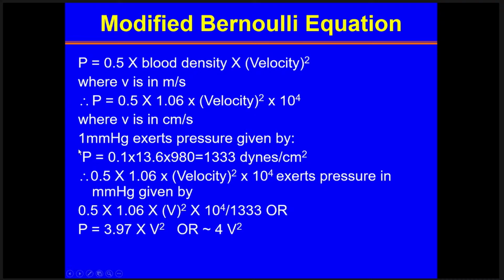And then we are interested in expressing the relation in terms of millimeters of mercury against velocity. And when you remember that the pressure exerted by 1 millimeter of mercury depends on its density and 980, and you rearrange this to obtain it in terms of millimeters of mercury, you see that the pressure gradient is equal to 3.97 multiplied by the velocity squared.